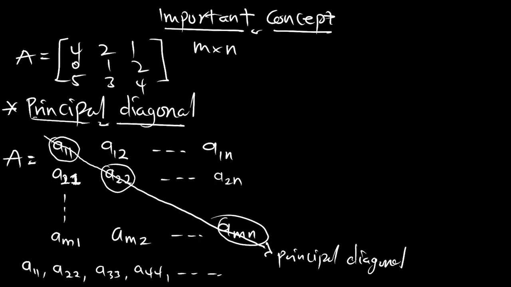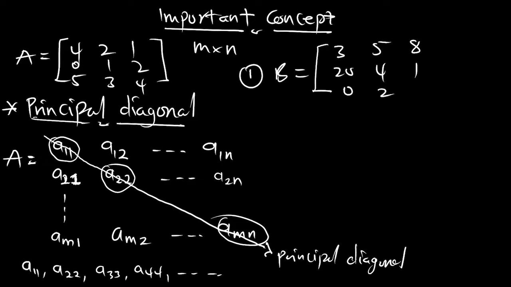Are we okay? So now that we know, let's look at a matrix and try to find its principal diagonal. Say matrix B is giving us 3 5 8, 2 4 1, 0 2 3. In order to identify the principal diagonal, the element A11, then A22, and the element A33 are going to be the members on the principal diagonal.